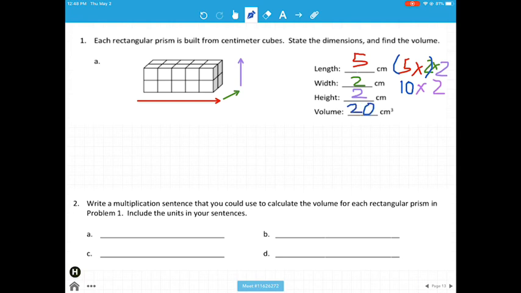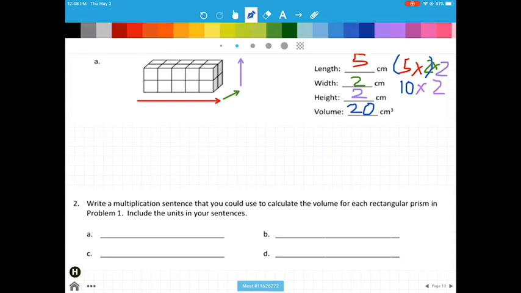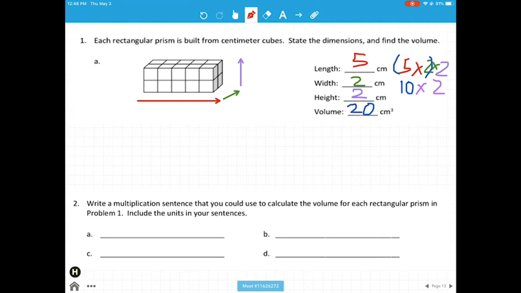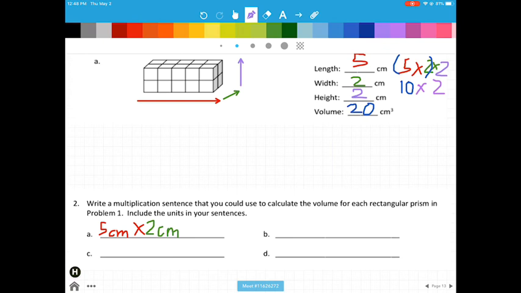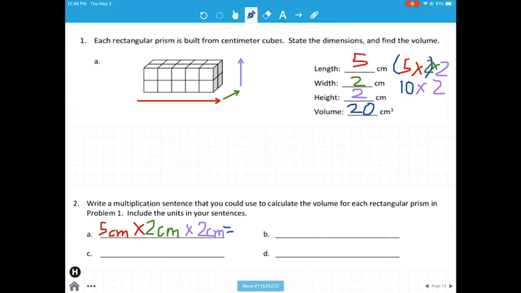So on the line on the bottom, I'm going to write 5 centimeters times 2 centimeters times 2 more centimeters, and that's going to give me 20 centimeters cubed.